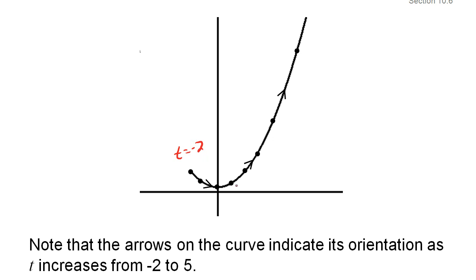As t increases, my path follows this route, and up here is where t equals 5. So not only do you get a curve, but you get orientation, depending on the values of t and what happens to x and y as t moves through the values from negative 2 to 5.